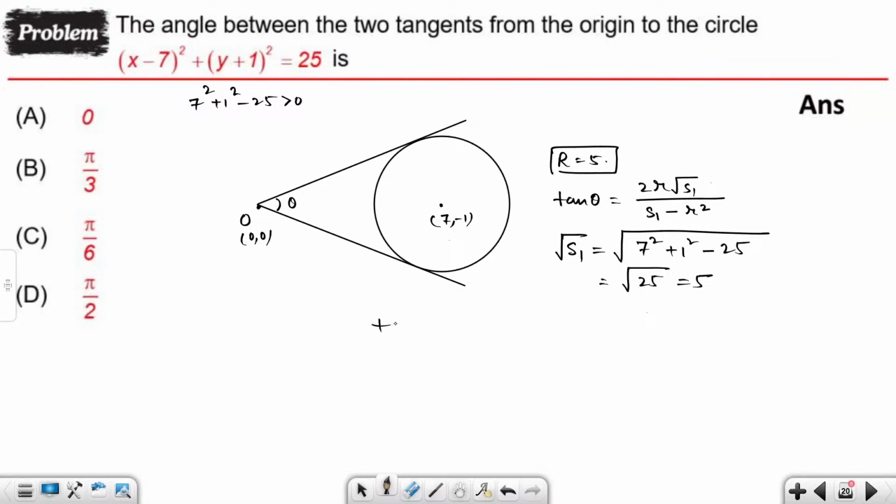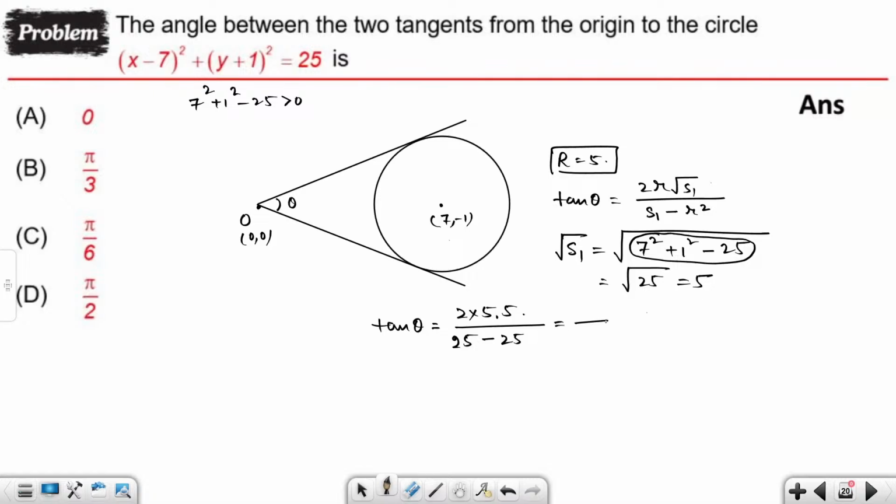Okay. So what will be your tan theta? The angle between the two tangents is 2 times r root of s1, which is again 5, divided by s1 minus r square. R square is 25. Here s1 is the power of the point, which is 25.